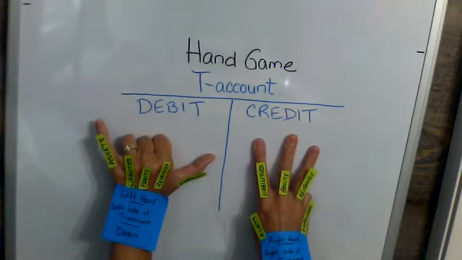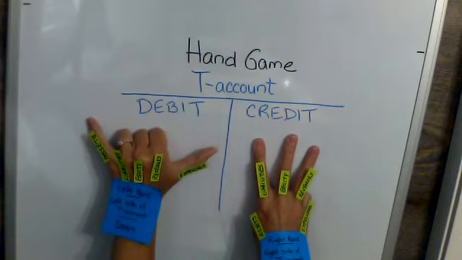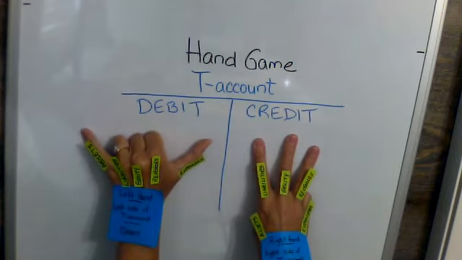Similarly for equity and revenues, because those fingers are pointing down, debits decrease equity and debits decrease revenues. Expenses, my thumb is pointing up, so a debit increases expenses.